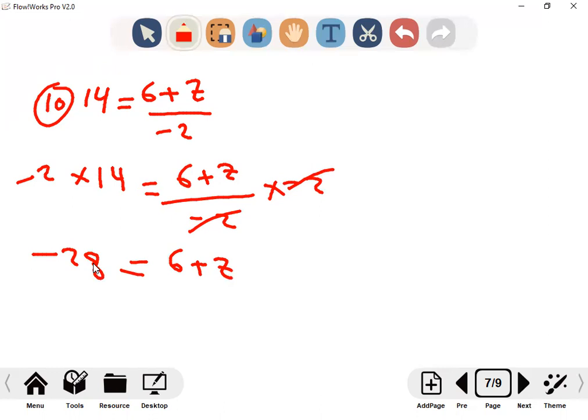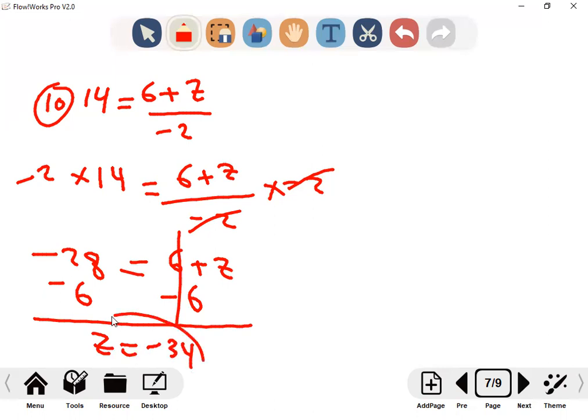Now get rid of this 6: minus 6, minus 6. So z will be negative 28 minus 6. Done.